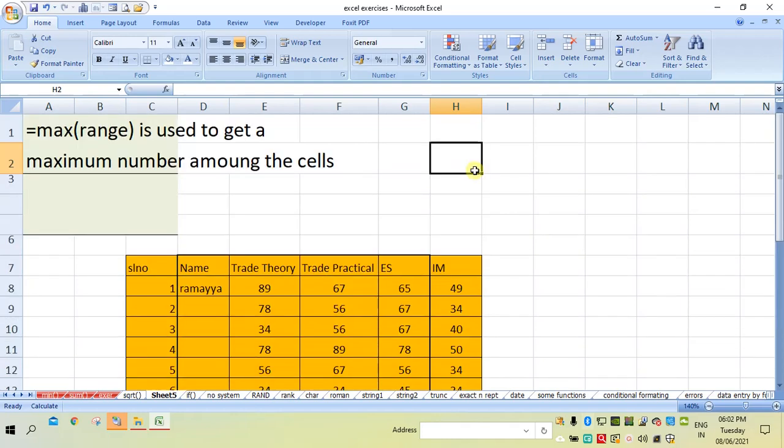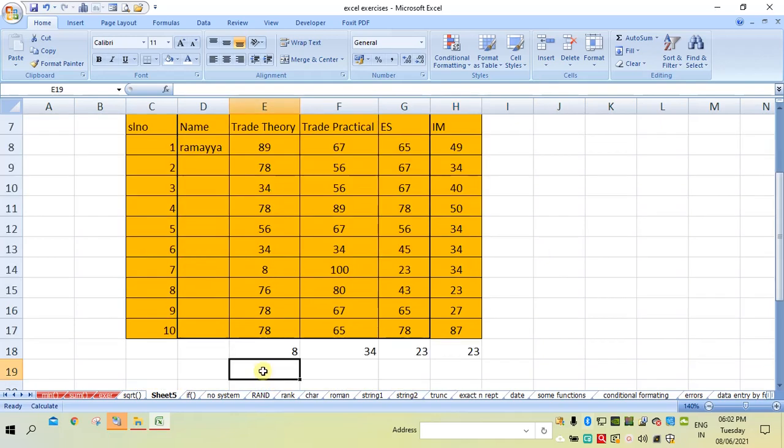The next function is maximum. The maximum function is used to find the maximum among the numbers. The syntax is equal to MAX in brackets range. Now let us use this MAX function on this column. Here we will see who has the maximum marks in trade theory.